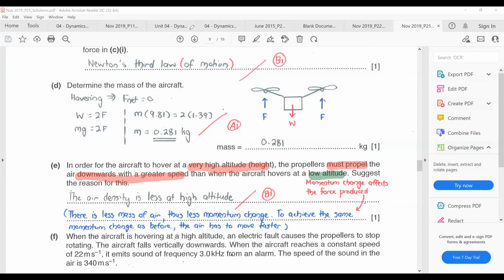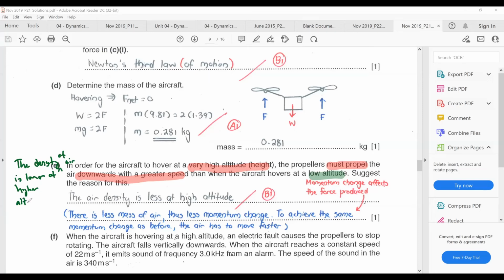Now, you would have learned before this that the density of air is lower at higher altitudes. Okay, the higher you go somewhere, the lesser your density of air. So right now, that's the reason why your air needs to be propelled faster downwards.